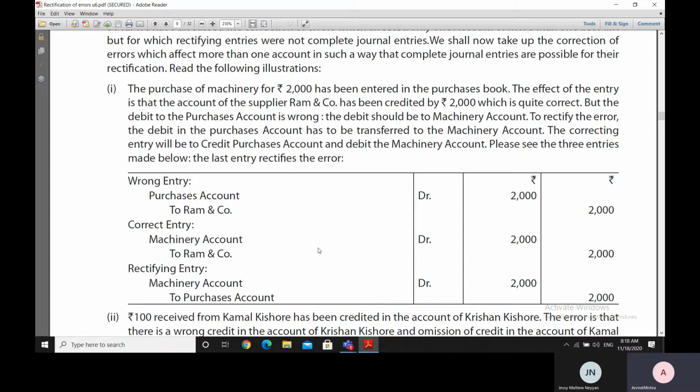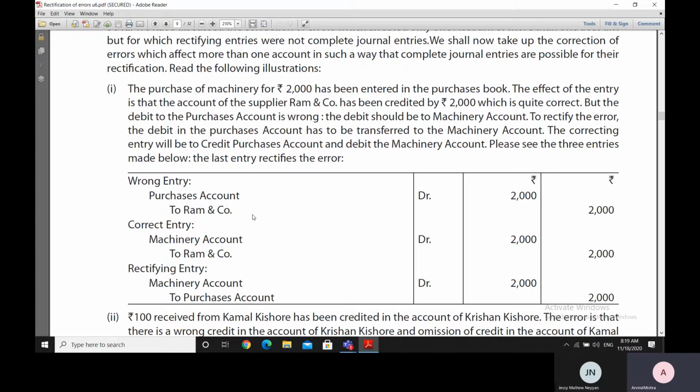So with the help of the credit in the purchases account, we will be squaring off the wrong debit that was done in the purchases account, and by debiting the machinery account, we'll be making the correct debit entry in the correct account. And as far as Ram and Company's credit is concerned, that is already done.